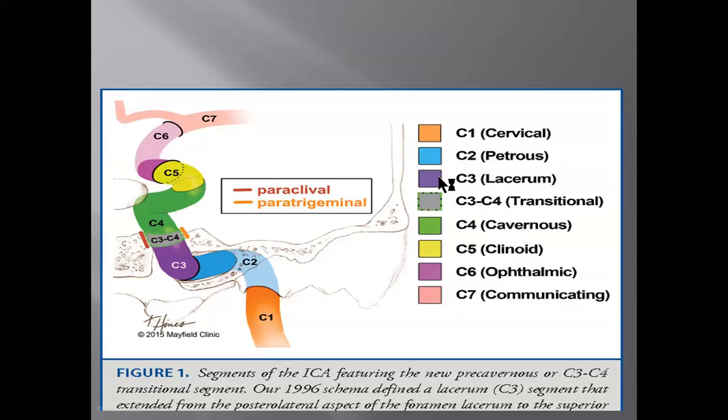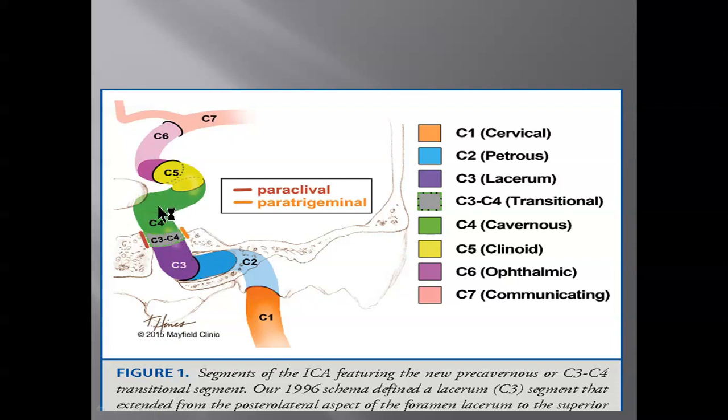Now again, same picture representing the Boutelier classification C7. So now we can easily appreciate cervical part. Then this C2 over here is our petrous part going through the petrous bone, temporal bone. Then we have the C3 part. This is the lacerum part over here going through the foramen lacerum over here.